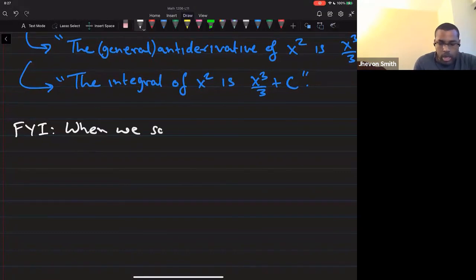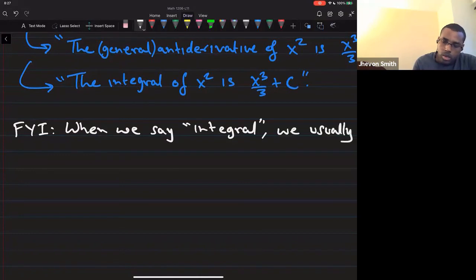When we say integral, we usually mean the indefinite integral.